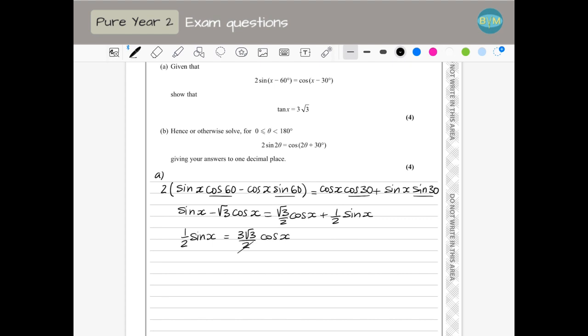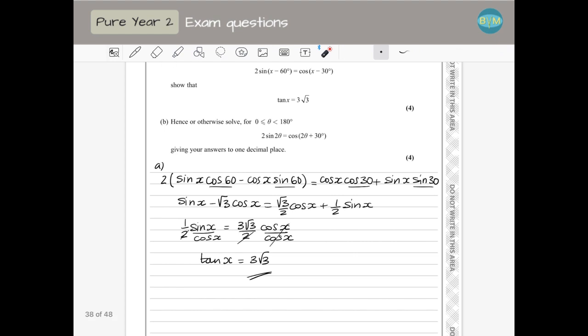We cancel the 2s and we can divide by cos x. On the left hand side, I have tan x, and on the right hand side, this is gone. So I have 3 root 3. So that's the first part.